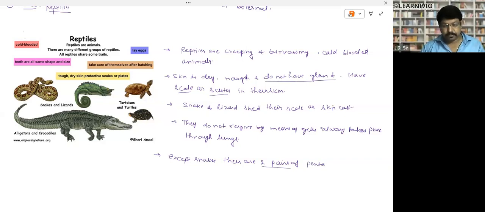Pentadactyl means they have 5 digits. They have 5 digits and 4 limbs, right? The same thing as with the human. We are also pentadactyl, but snakes do not have that, right?